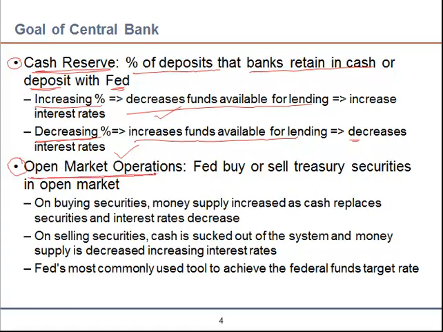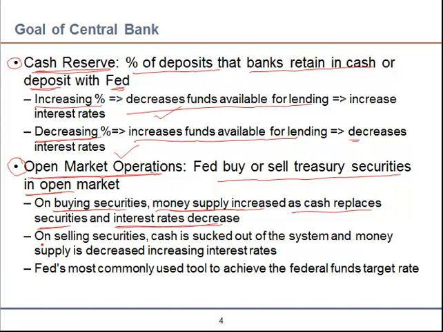Open market operation refers to changing the money supply by buying or selling of treasury securities in the open market. When the central bank buys some securities, the money supply will increase as cash replaces the securities, and hence the interest rate decreases.